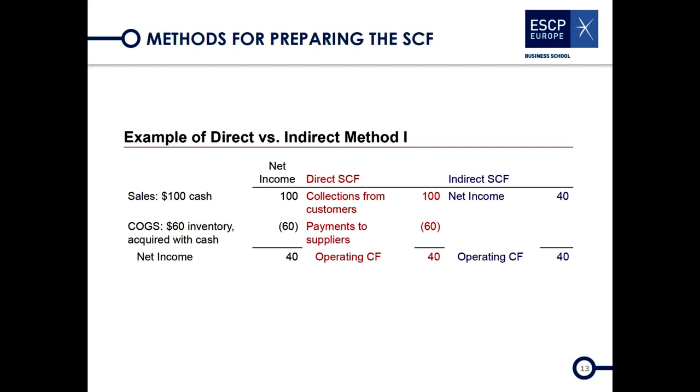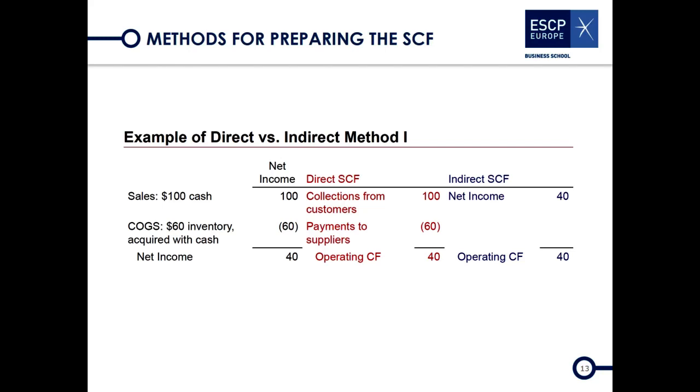Now in the statement of cash flows, we're only interested in cash flows, so our preparation is fairly easy. For the direct statement of cash flows, the first item is collections from customers, 100, because we know sales revenue of 100 was generated and all collected in cash.